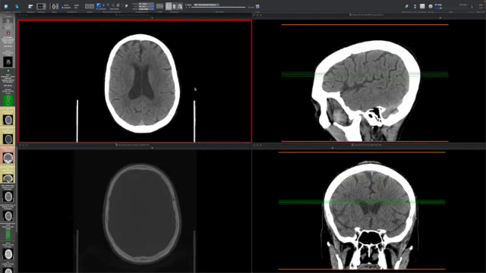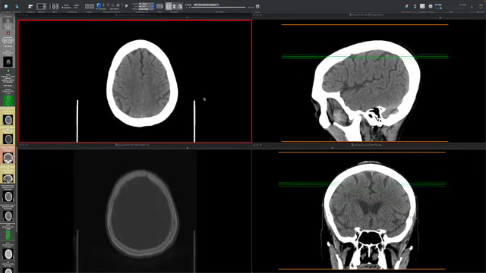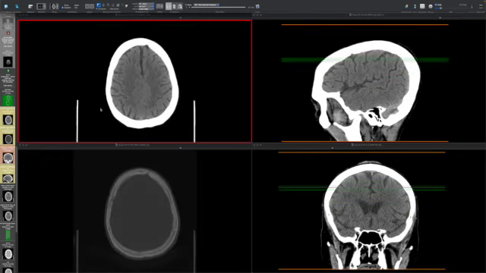Before us, we have a routine non-contrast head CT. This one was obtained from the emergency room on a patient who had a trauma. So what's included in our routine head CT? Well, there are two sets of images obtained in the axial plane.